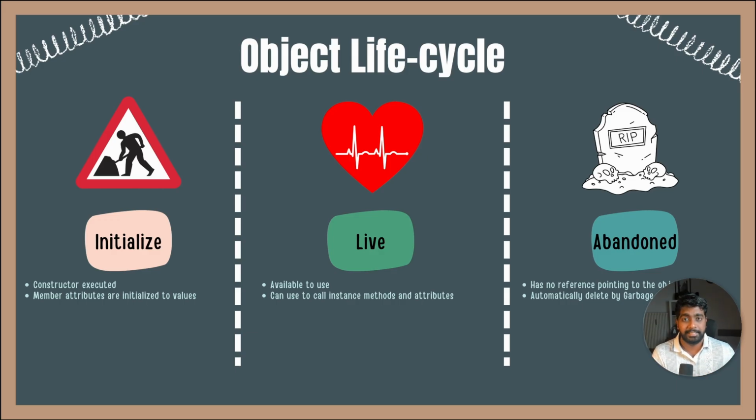Here is the reference to that object. So Java will not give you the object. Instead, Java will give you a reference to that object. Then we need to have a reference type variable, like in this case, the remote, to store that reference, the memory address of that object. When we have that reference, we can control that object through this reference.